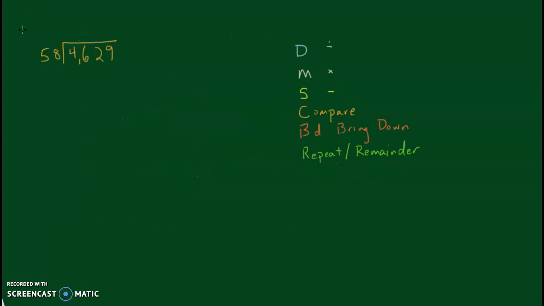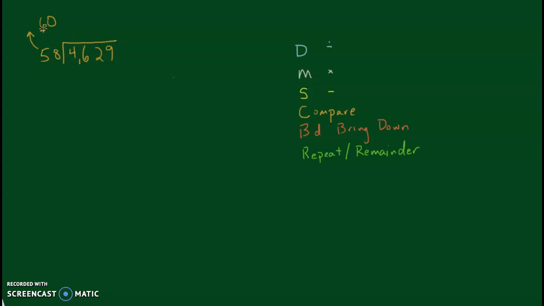For the practice at the bottom, it is a division problem, and I'm going to start by finding an estimate of this. And to find our estimate, I'm going to round 58 to 60. And then I'm going to look at the 6 in the tens place. And I'm going to look for multiples of 6 that get me close to, in this case, 46.